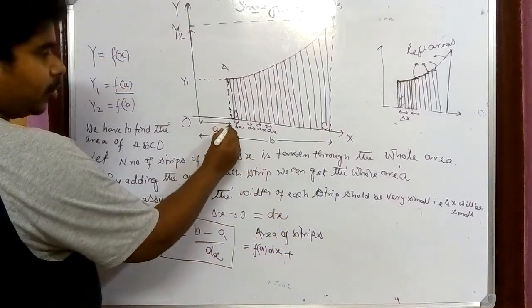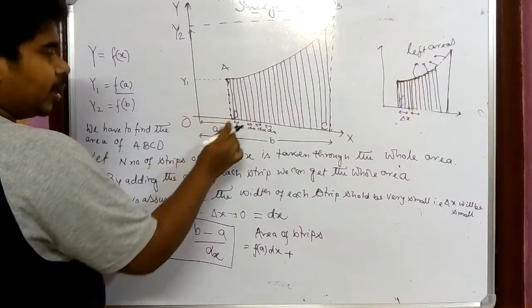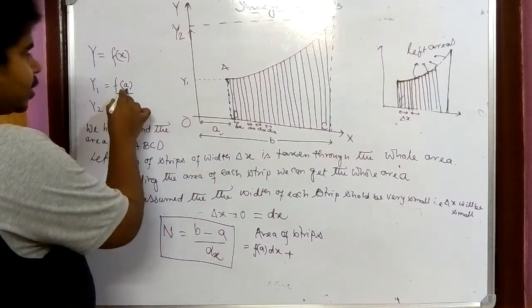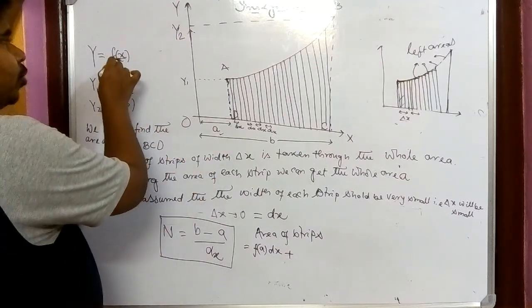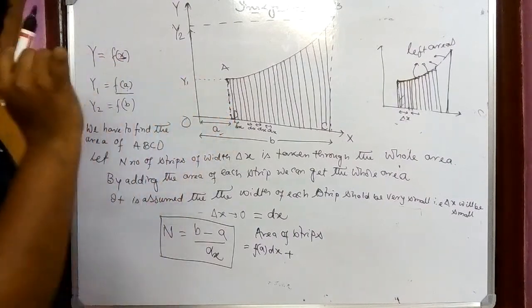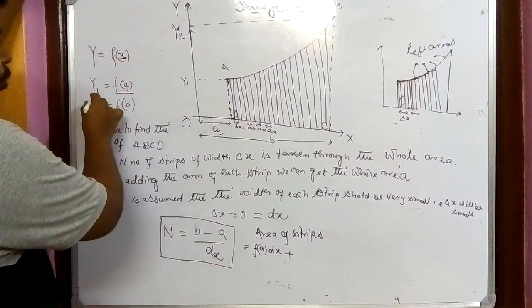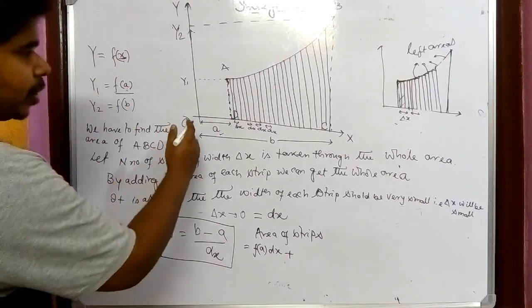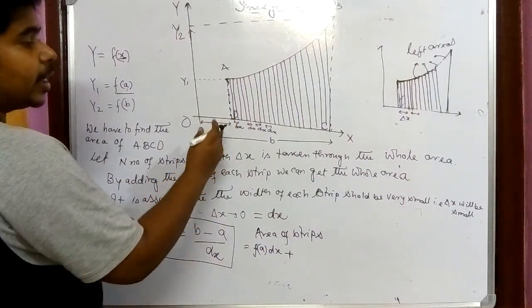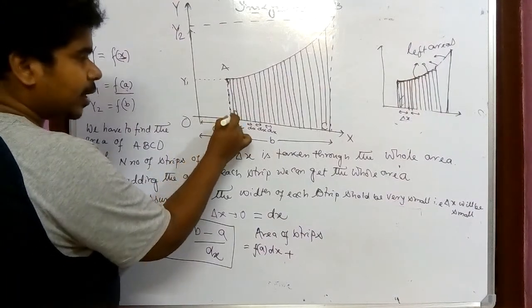When we come to the next line, you see the function has changed. Why was it written as a? Because the value of x is a here. Try to understand: the value of x is a here, that's why y1 is a function of a. But when we shift to the next one, it is increased by dx, so it is a plus dx.